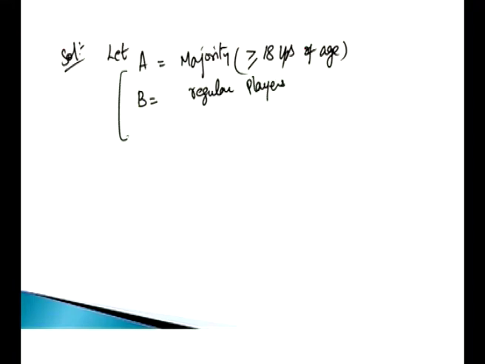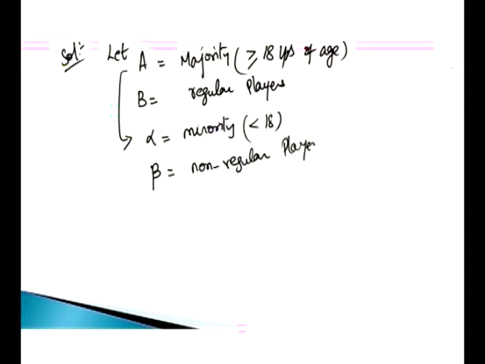When A represents majority, then alpha represents minority, right, less than 18 years of age, and then beta represents non-regular players. Okay. So, what is the information given in the question?